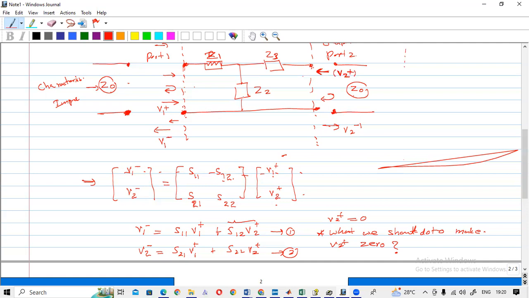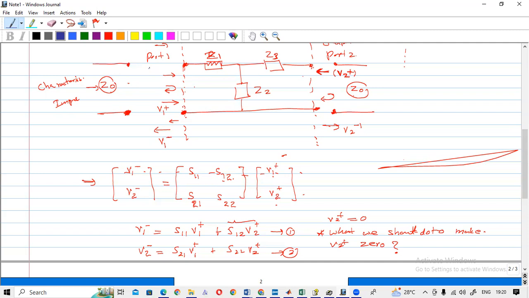Now let's say that you are giving a signal here, in this direction. At first you may get confused, but try to remember this. If you can't completely understand this, at least try to remember this.